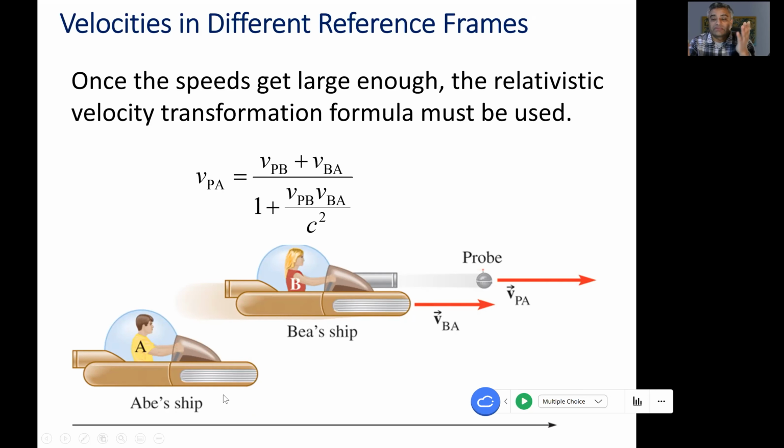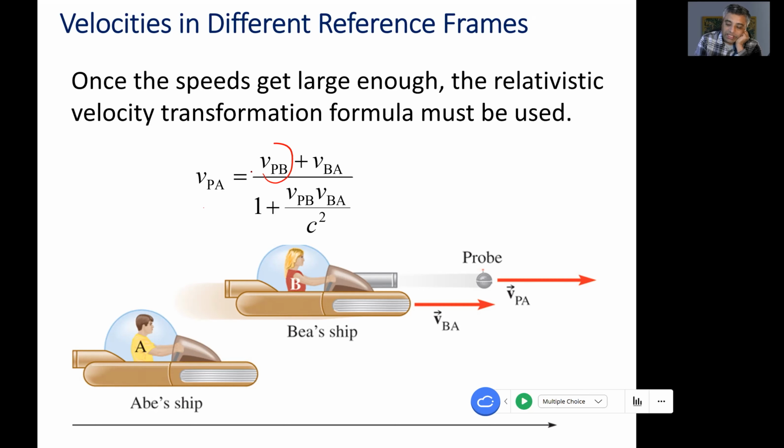So how do you add speeds so that it doesn't get larger than the speed of light? Remember, nothing can move faster than the speed of light. So because of that, there is this formula, and these are the relative speeds due to these different ones. So for example, let's say how this formula works.